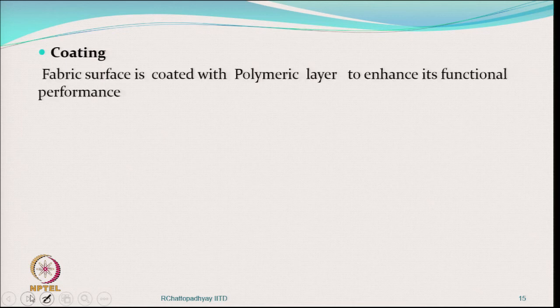So, what do we do in coating? The fabric surface is coated with a polymeric layer to enhance its functional performance. There are lots of coated fabrics, and there are lots of laminated fabrics also.